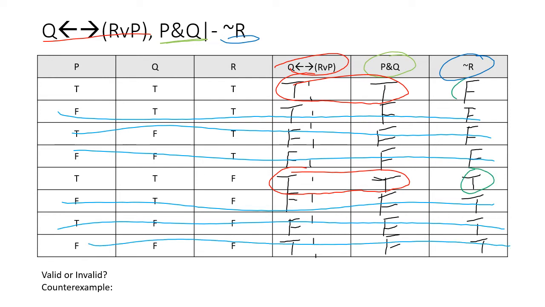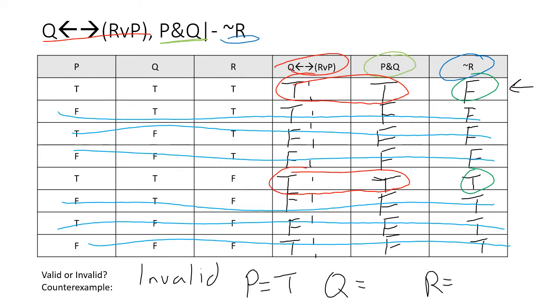And so looks like one instance in which we have true premises and a false conclusion here in the first one. So it's going to be invalid. We can have a counterexample of all trues. Again, just taking these and copying them over.